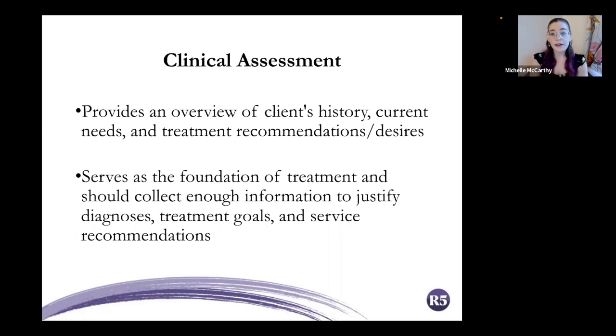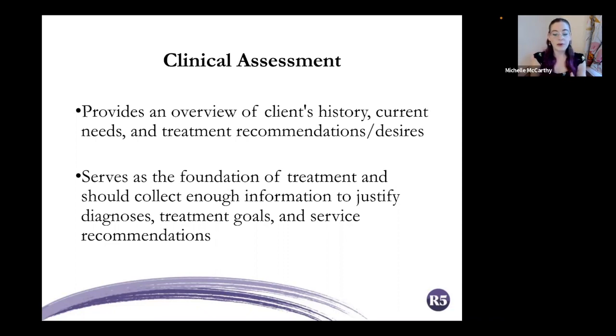So the point of the assessment is not to play detective and find out every little thing about someone in their life. We would need way more time. And honestly, that wouldn't serve much of a clinical purpose. Our real goal with the assessment is finding out, where are you right now? How did you get there? And how can we help?